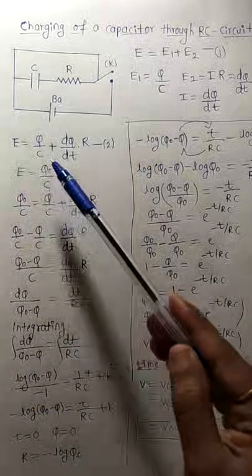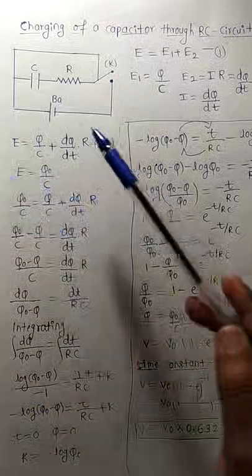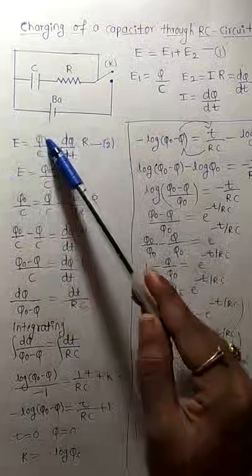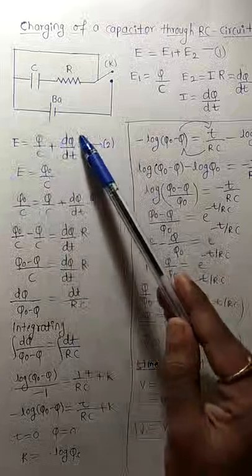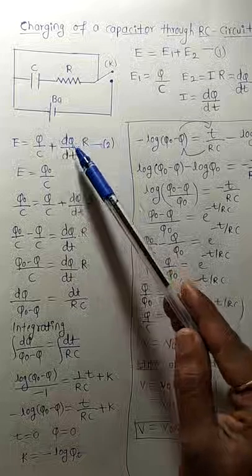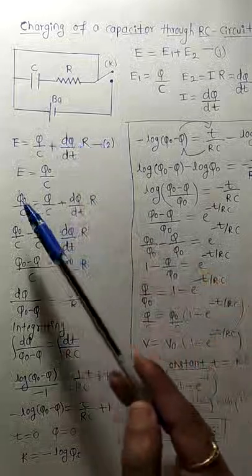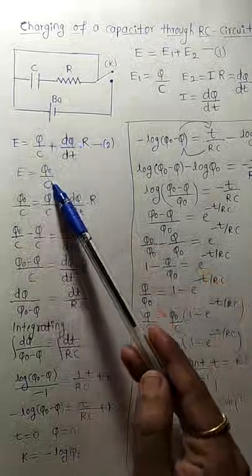Now when charge reaches a maximum value, it becomes constant, that is q becomes Q naught, so the differentiation becomes 0. So we got E is equal to only Q naught divided by c.